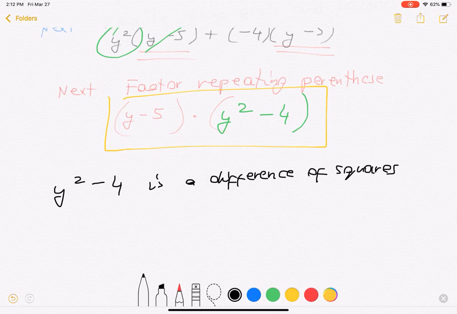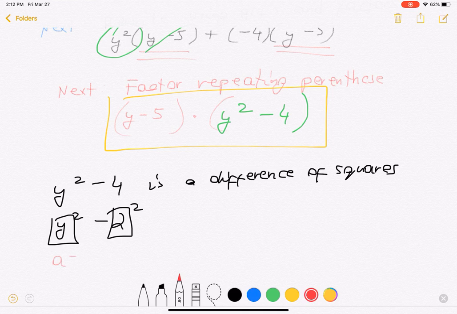And by now you know how to factor this difference of squares. Y squared minus 4 is the same as y squared minus 2 to the second power. So a is equal to y, b is equal to 2, and you're going to rewrite that as a minus b times a plus b, which in our case will be y minus 2 times y plus 2.